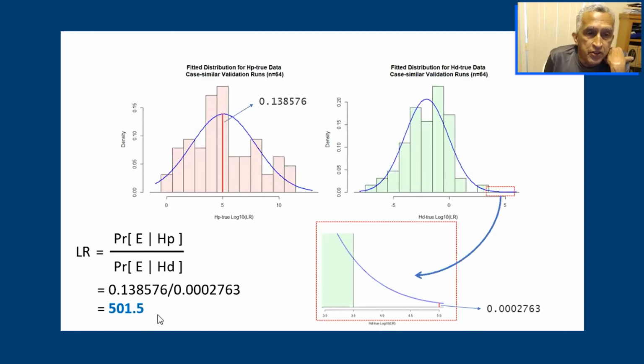So the presented LR was 100,000. Our own assessment using performance data available from validation studies is that an LR of 501.5 could also be supported by the empirical data.